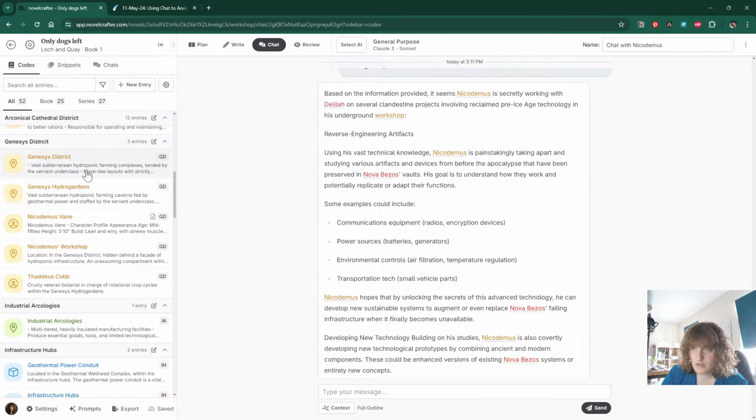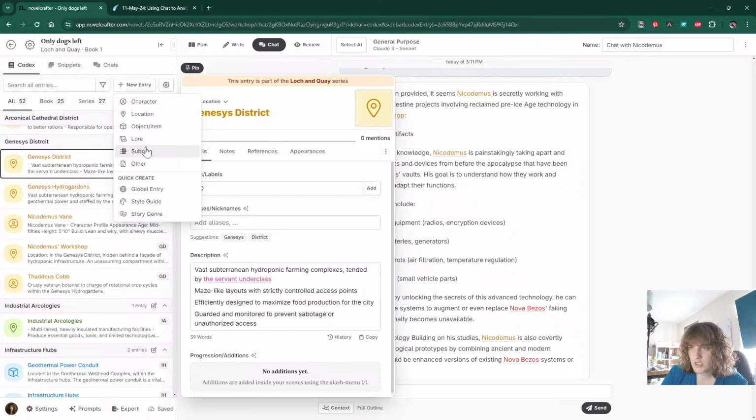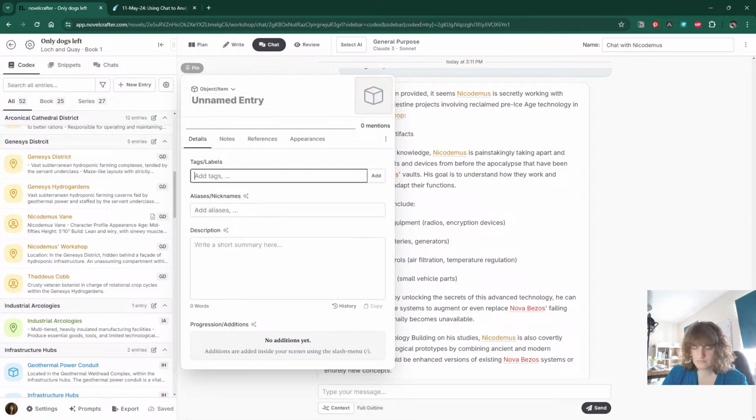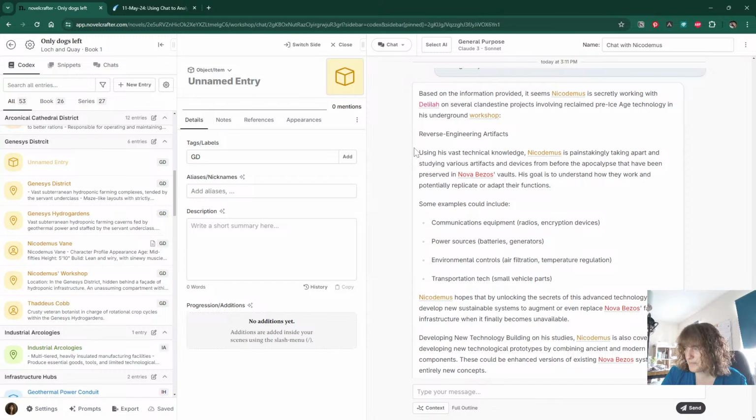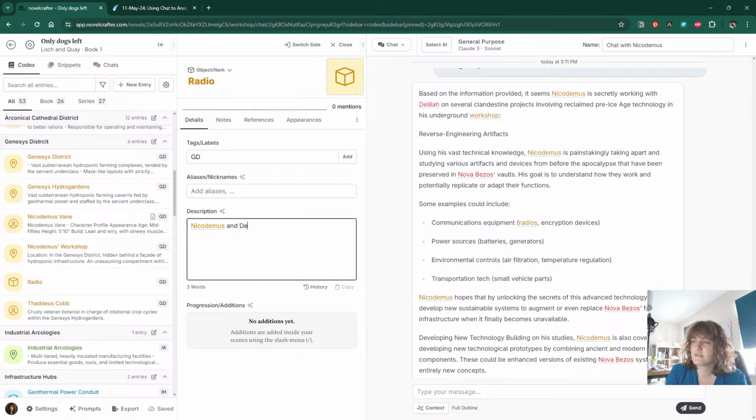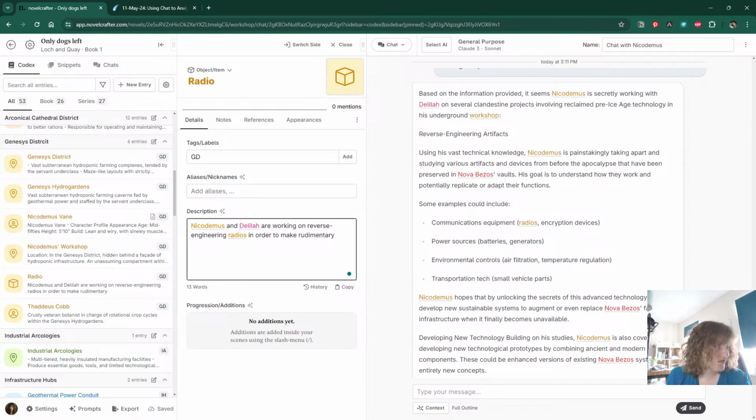I feel like radios would be the... Nicodemus and Delilah are working on reverse engineering radios in order to make rudimentary... what's the proper name for a walkie-talkie?